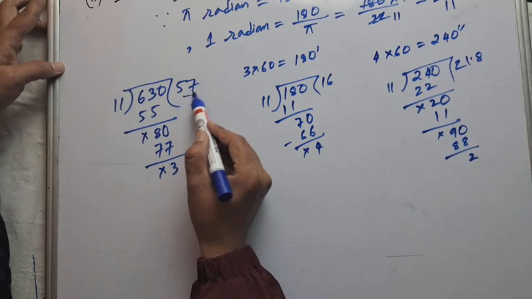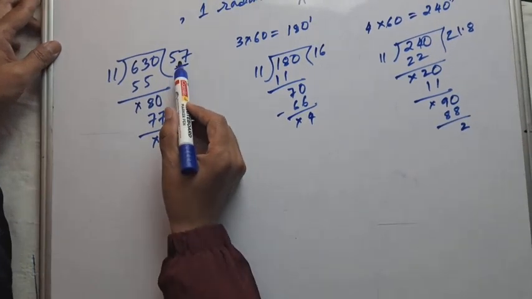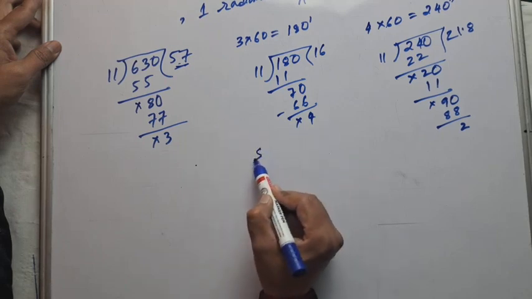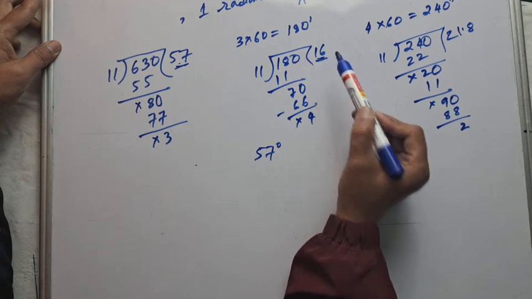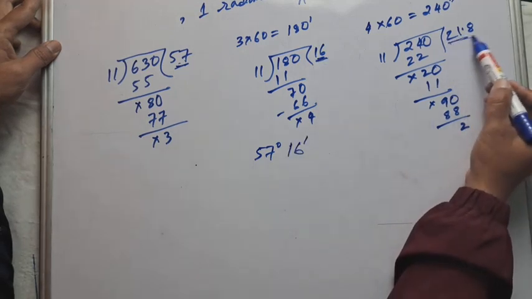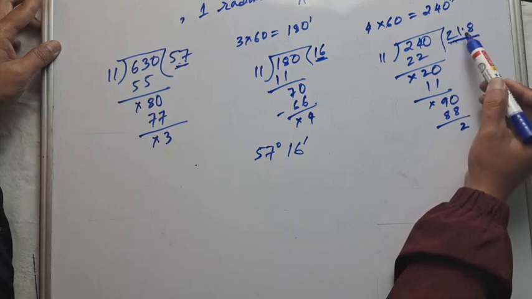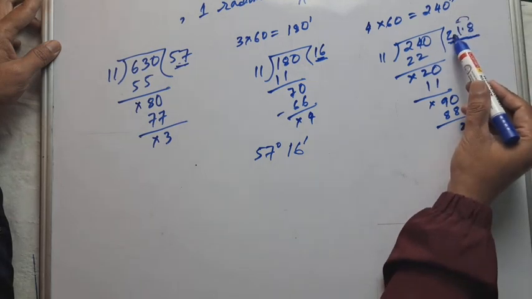Now since the number after the decimal is greater than 5, we can round up. So 57 degrees, we write here 57 degrees. This is 16 minutes, and this is 21.8 seconds, isn't it? So when the number after the decimal is greater than 5, we can round up this as 22.